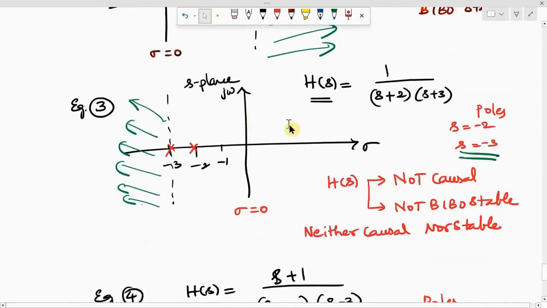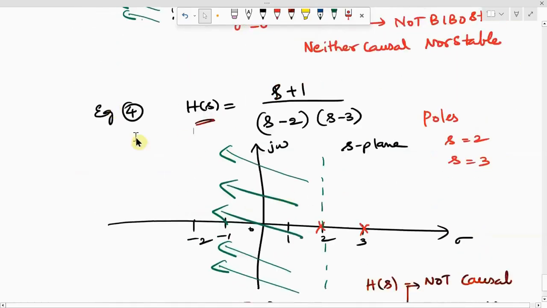And in the third example, the transfer function has an ROC left of the leftmost pole, and the imaginary axis is not included in the ROC. So such a transfer function with such ROC is neither causal nor stable.